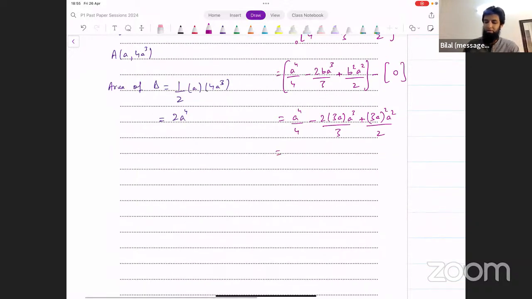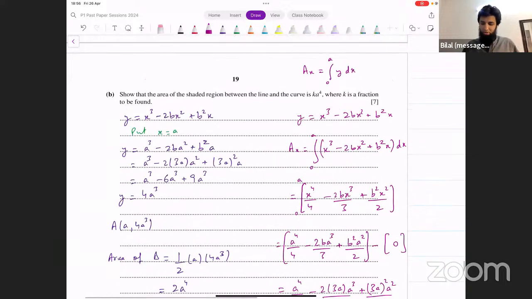Let's simplify this and see what that gives you. 1 over 4 minus 2 plus 3 over 2. And that gives me minus 1 over 4 a raised to power 4.